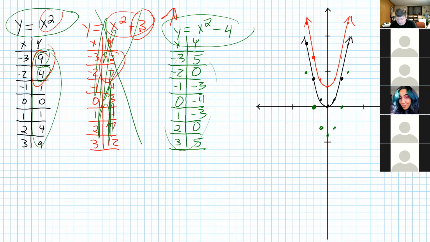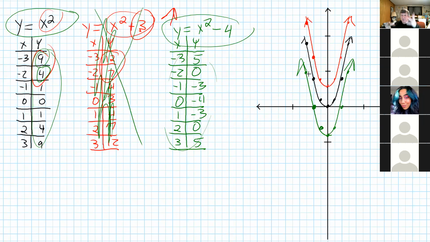And let's see what that thing looks like. Okay. So there's the green graph.